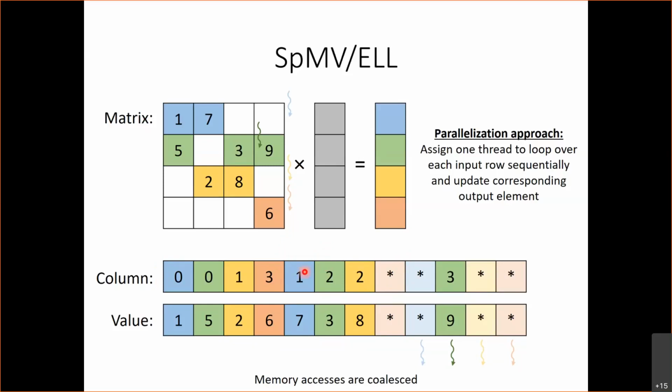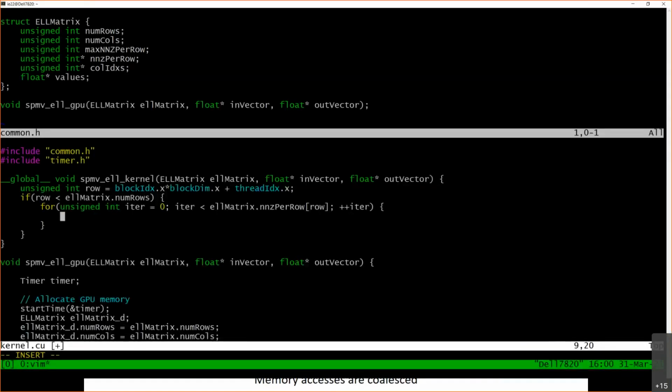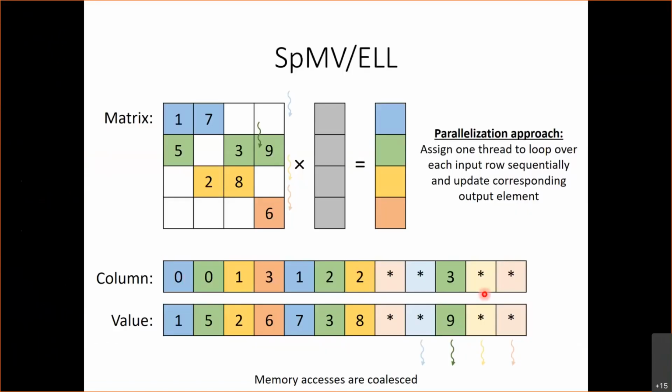So the index into this array, I'm going to call it I, is going to be equal to the iteration times the number of rows, which we can get from the matrix, plus the index of the row itself. Now that I've done this, I have the index into this array for the non-zero element that I care about.